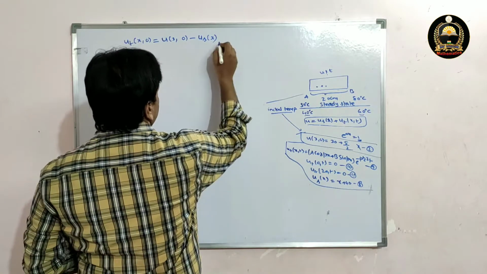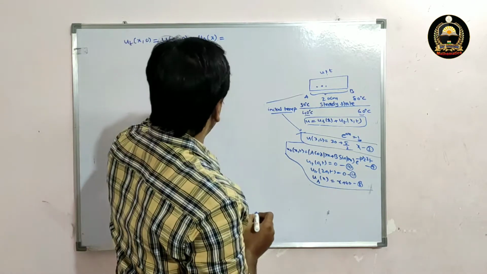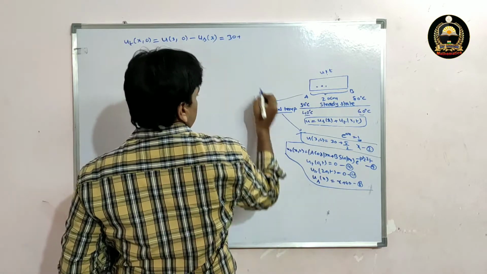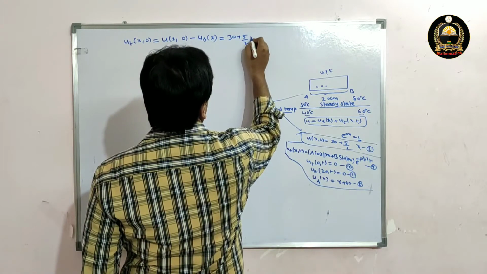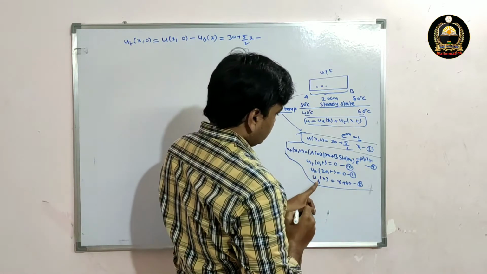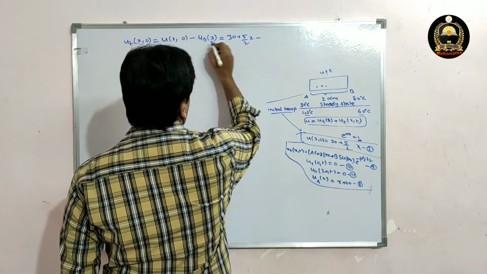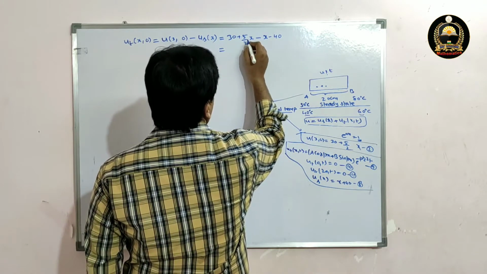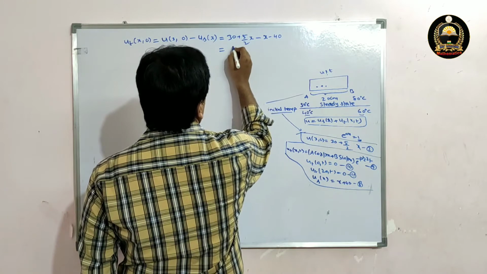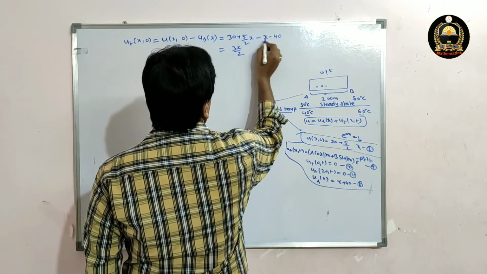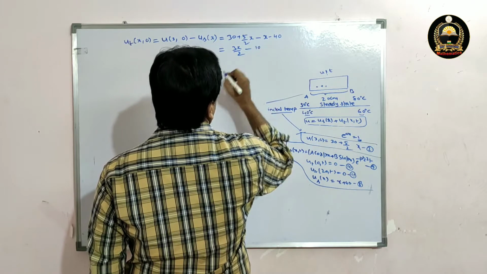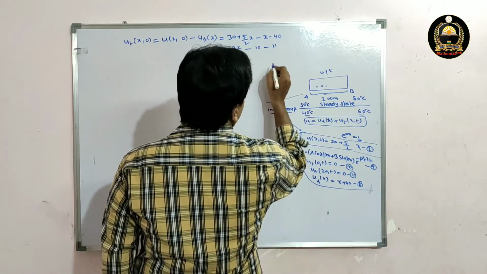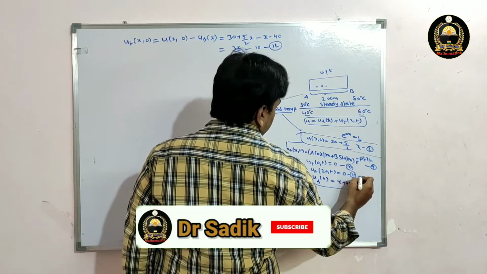There is no t, students, so that is equal to, what is u of x comma 0? u of x comma 0 is 30 plus 5 by 2 x, minus u_s of x, x plus 40, that means you have minus x minus 40, that is equal to 5 by 2 minus x, that means 5 minus 2, 3x by 2, 30 minus 40 is minus 10. So this is 11, students, this is 12, because I have 11 here.